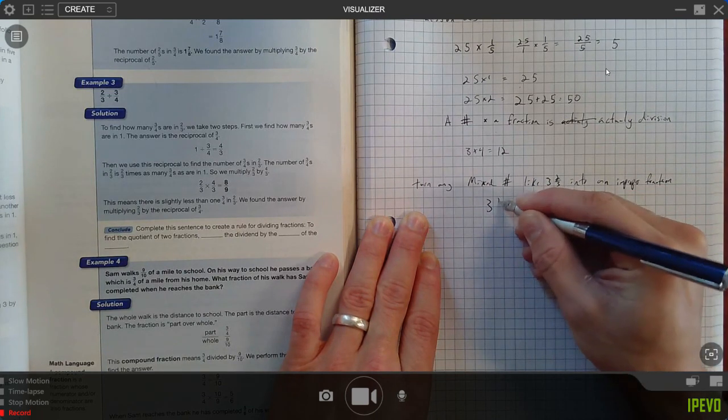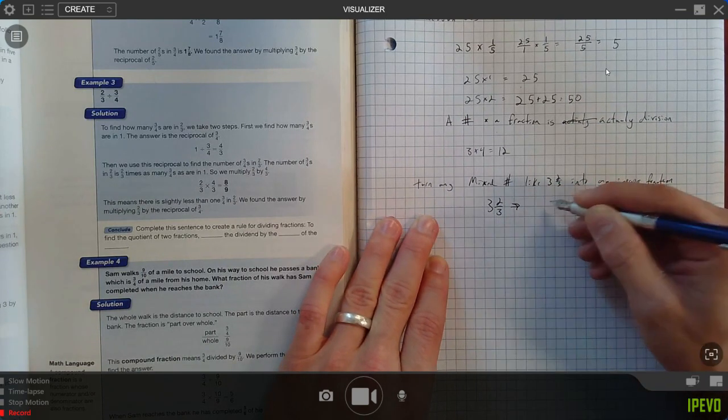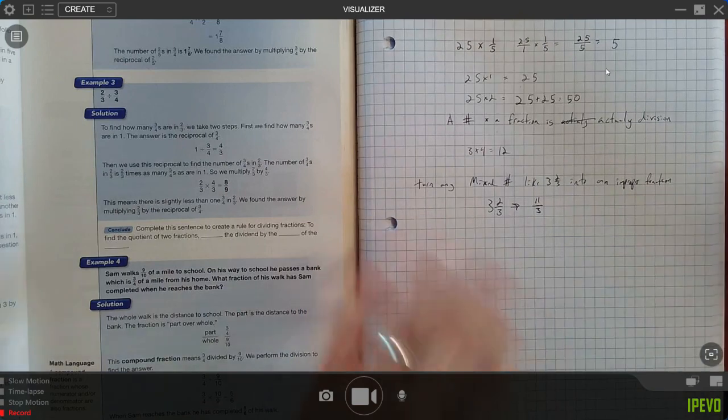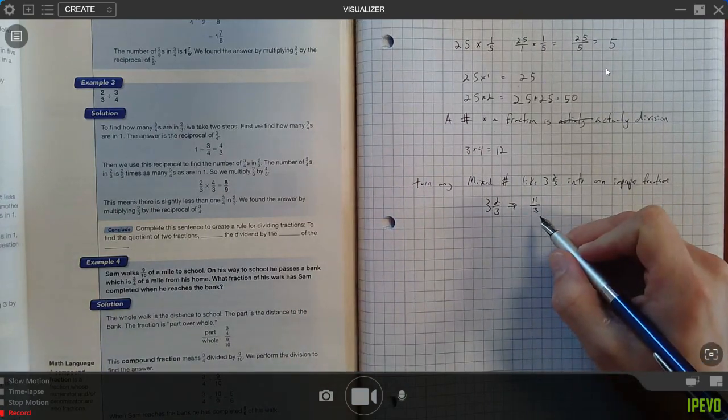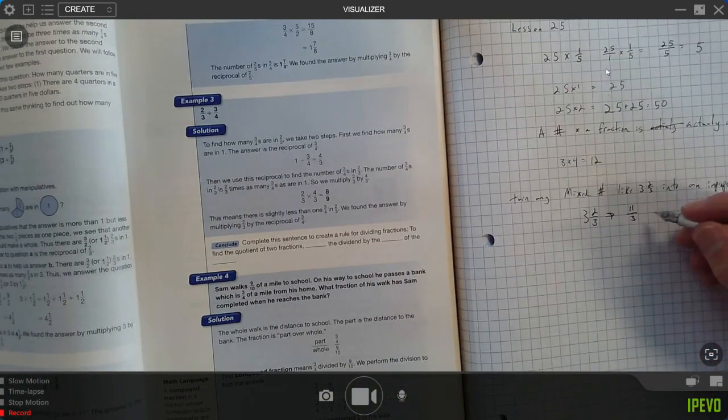So 3 2/3 turns into 3 times 3 is 9, 10, 11, 11/3. Okay, these are the exact same numbers, but it's going to be a little easier to work with if it's all in fraction form. Okay, then from here you can multiply.